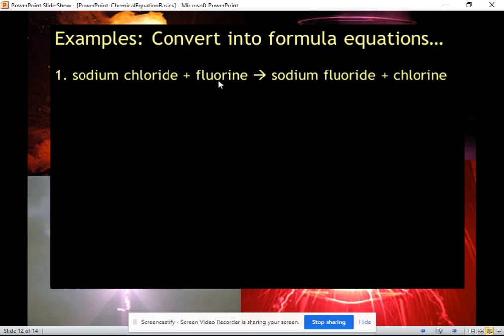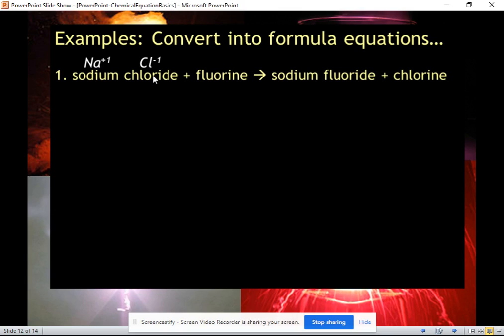I'll have to figure that out. But fluorine and chlorine tell me that they're by themselves. Those are single elements, so I'm going to have to decide if they're monatomic or diatomic. So sodium chloride: sodium is a metal, chloride is a nonmetal, and so that is going to be an ionic bond. So I need to use charges for this. Another clue, no prefixes, right?